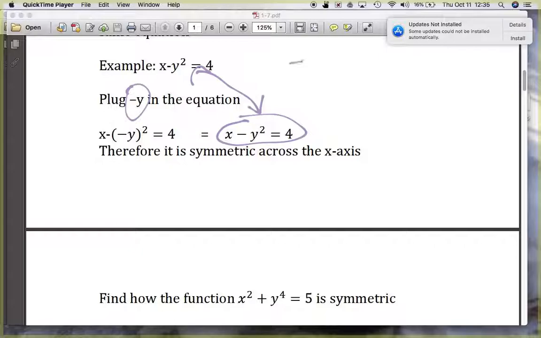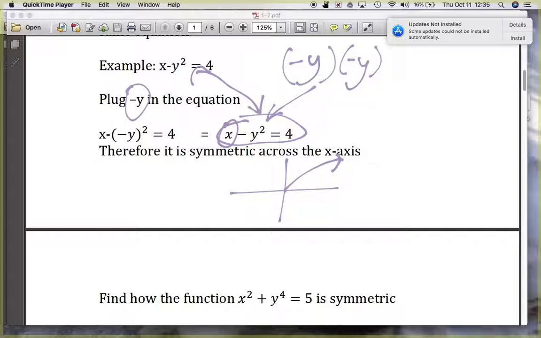Negative y times negative y equals just y squared. Therefore, it's symmetric across the x because the x is the one you did not manipulate. Okay? So that would be one of these where this is the graph, most likely.